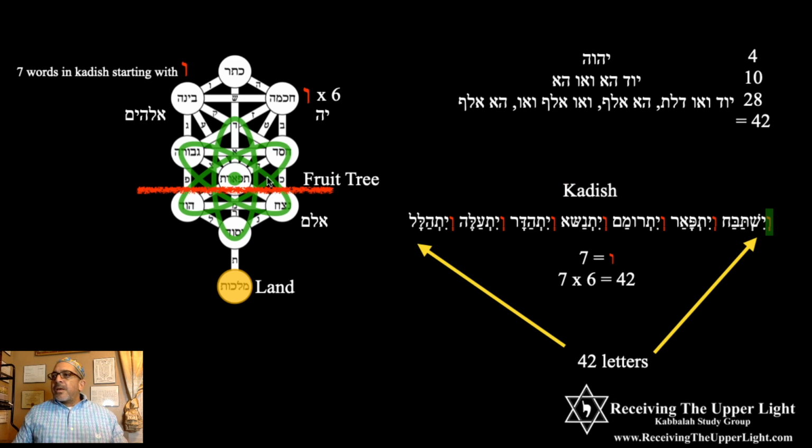Here. So, what we have is the Yod He Vav He. The numerical value is going to be another numerical value. How many letters? We got 4, right? And then it's going to be what is called expanded. And when it's expanded as Yod Ha Vav Ha, it's going to have 10 letters.